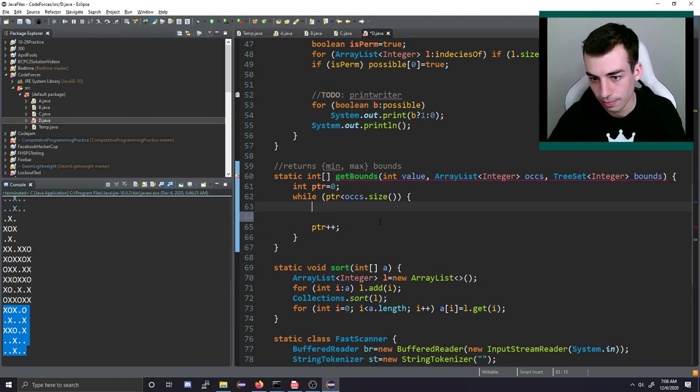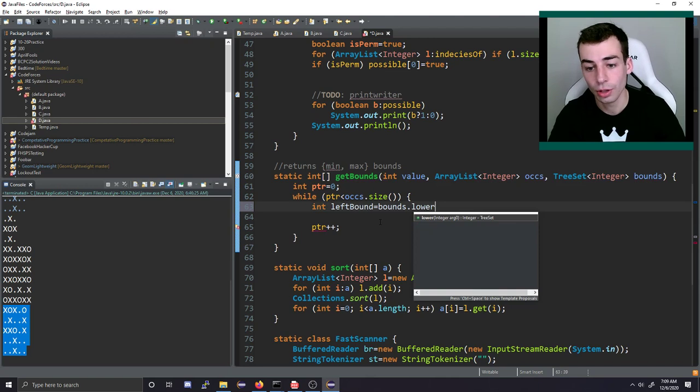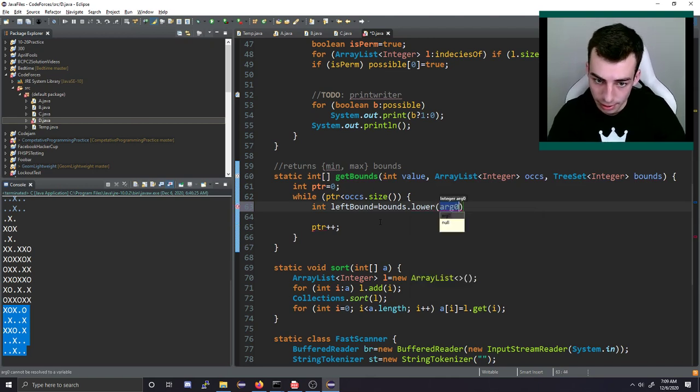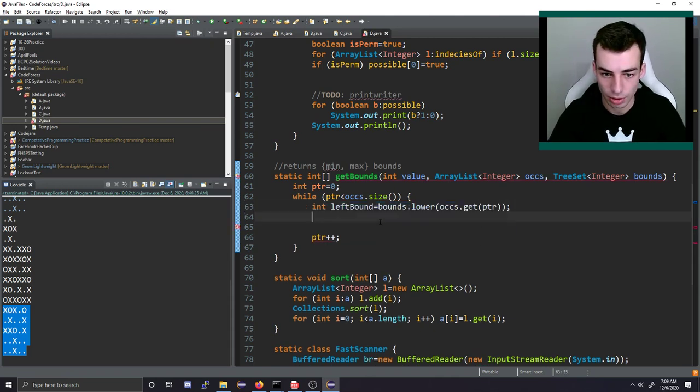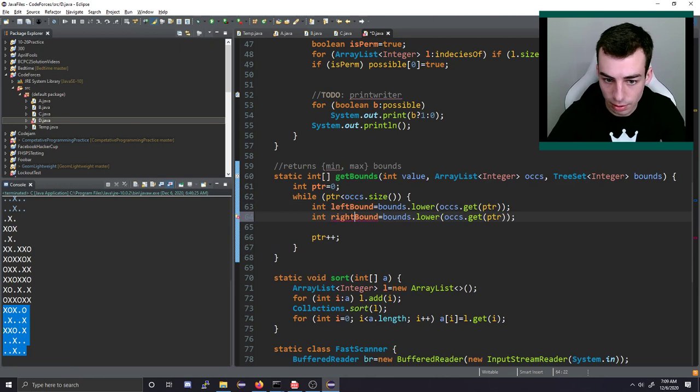Okay, so int left bound equals bounds dot lower. Then get this thing, and then we also have the right bound, which is the higher one.